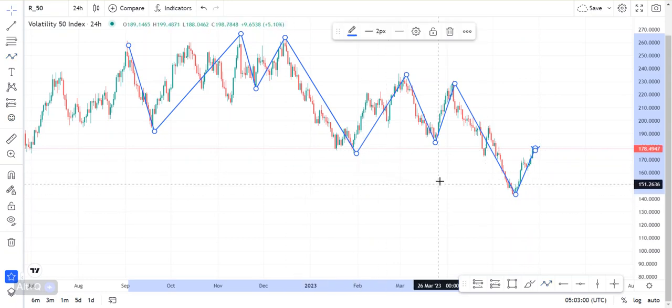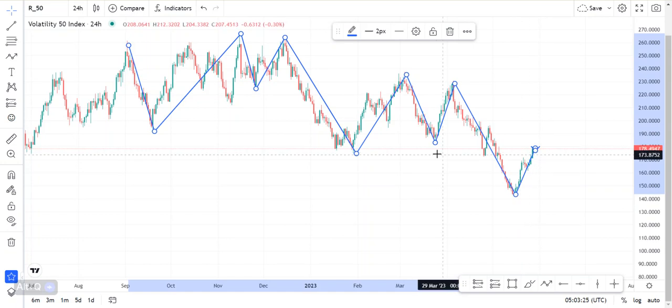So basically, if you look at our market here on a 24 hours time frame, this is bearish, then a retracement, because this is a higher high, higher low, then a lower high, lower low.